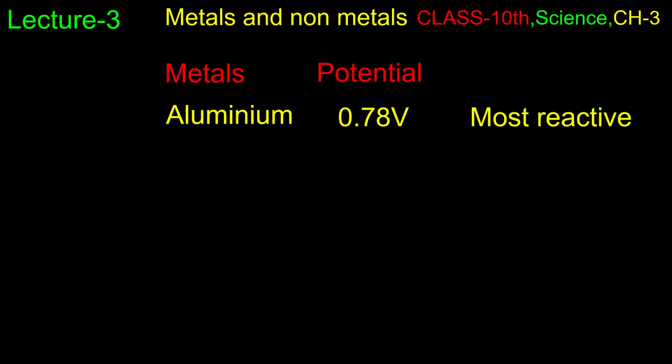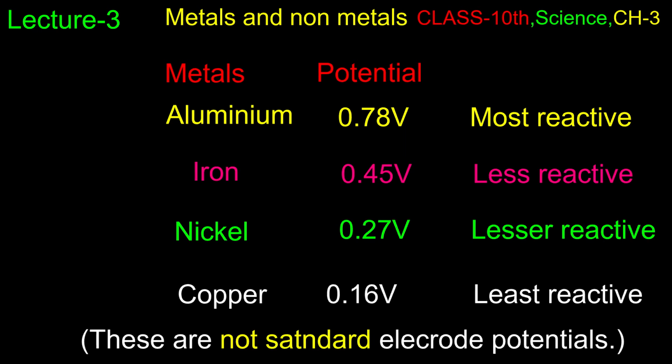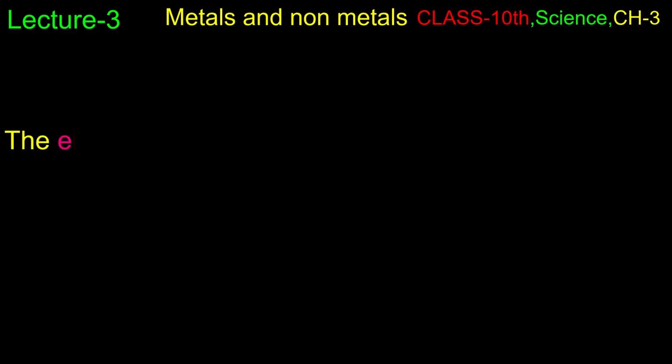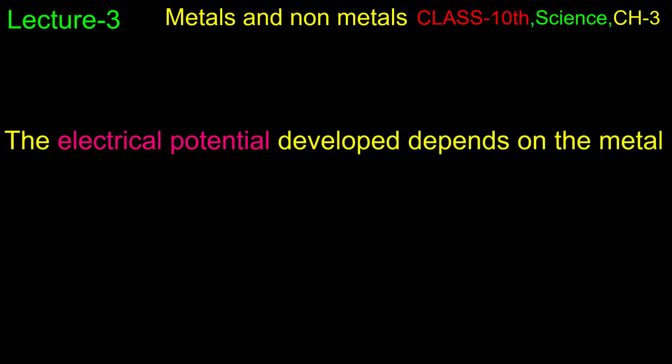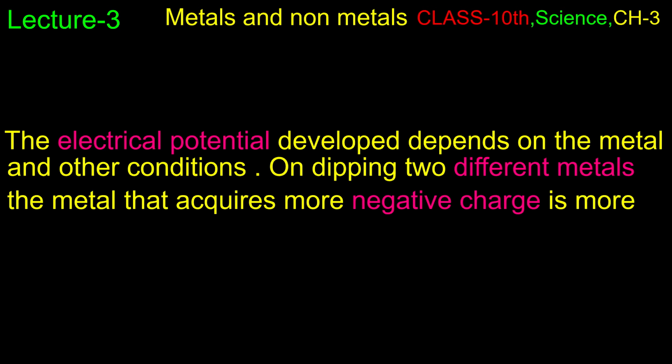It means different metals develop different potentials on being dipped in aqueous solution. The electrical potential developed depends on the metal and some other conditions. On dipping two different metals, the metal that acquires more negative charge is more reactive.